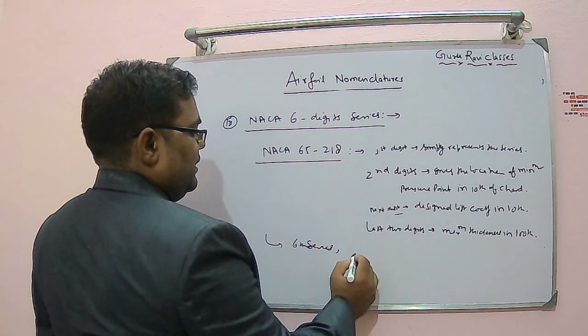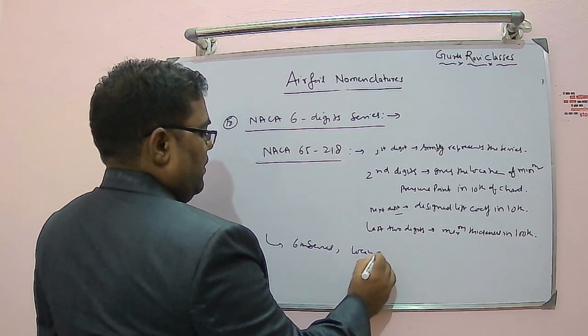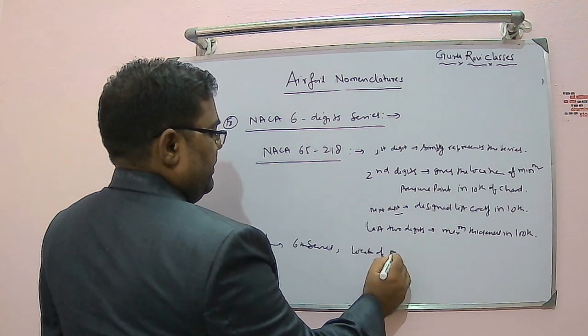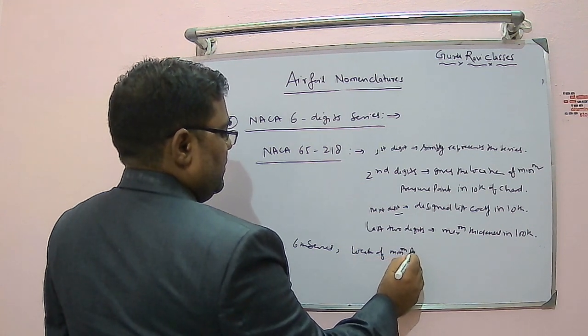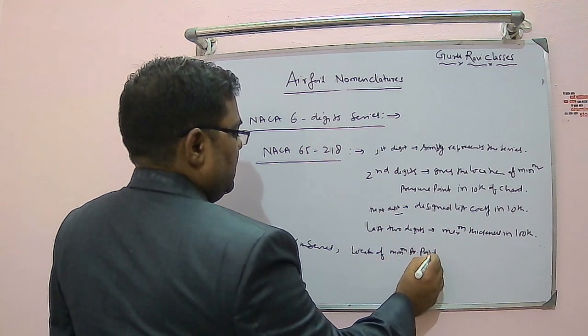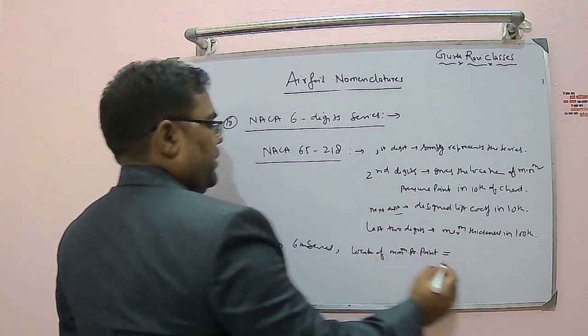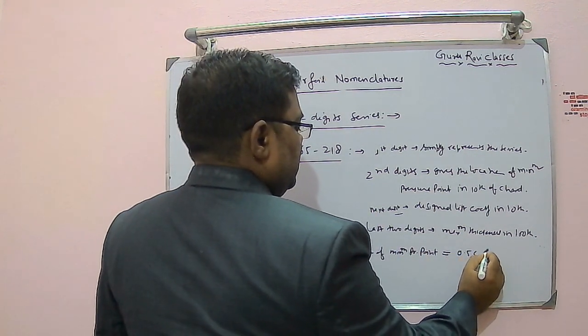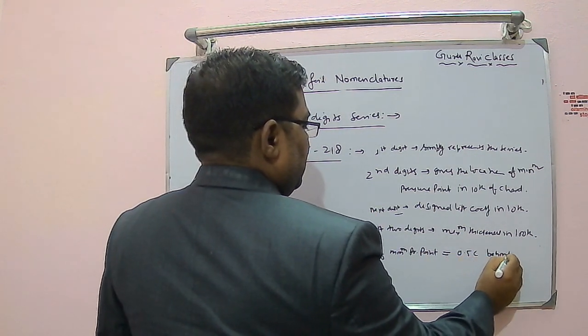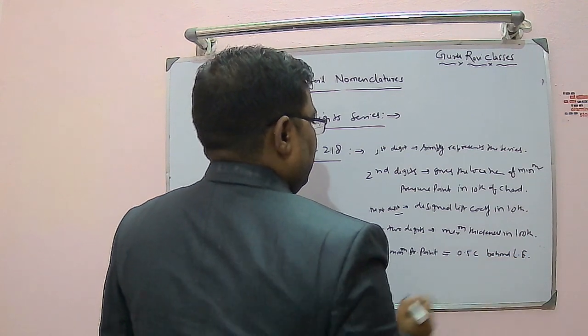And location of minimum pressure point is equal to 0.5 C behind the leading edge, right?